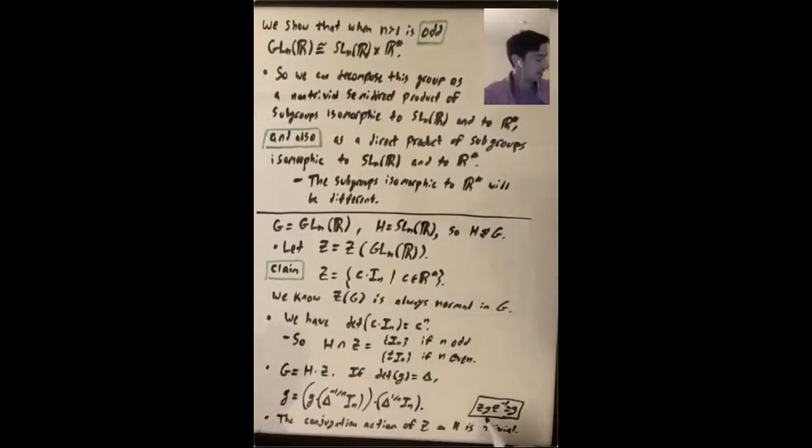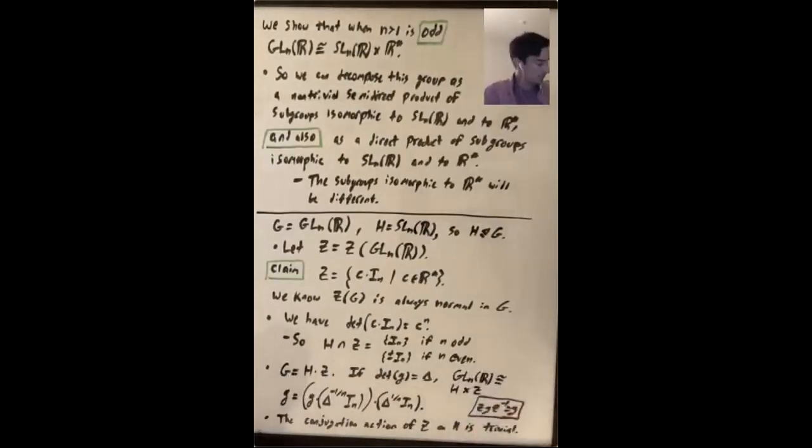I mean, if you take anything in the center, little z, and you take z g z inverse, that's always g, because z is in the center. So what does that tell you? That the homomorphism that you're using to define this semidirect product is trivial. So that semidirect product is isomorphic to a direct product. So what we are seeing is exactly this claim from the top that GL_n(R) is isomorphic to the direct product H cross Z.